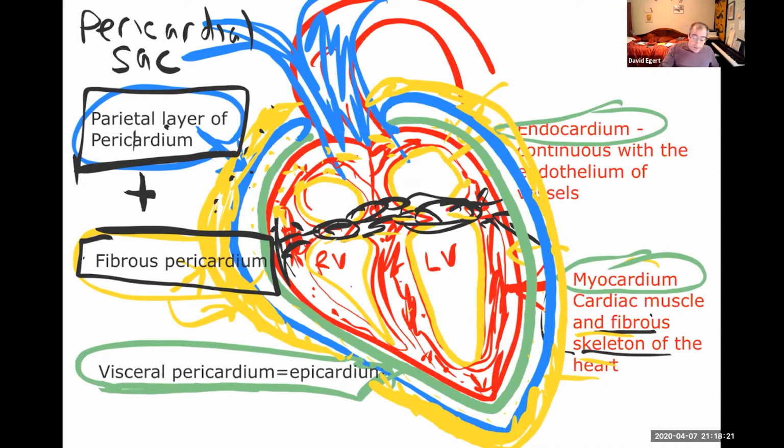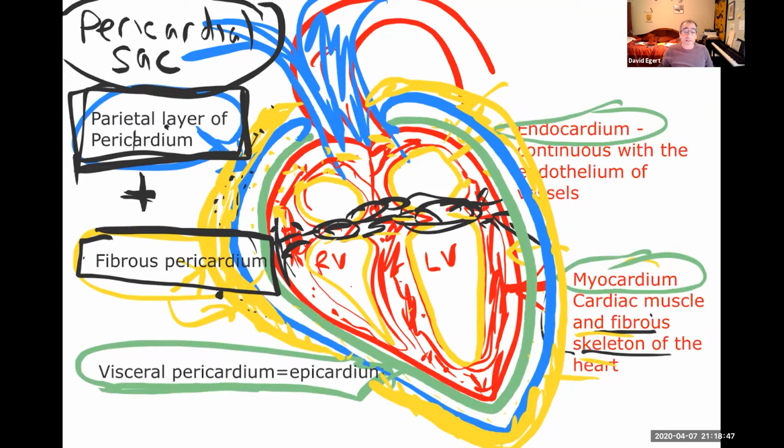So this pericardial sac is basically this fibrous, more leathery layer, and then the parietal layer, the slippery serous membrane. And so this is the basic way the heart is wrapped in its serous membrane and how it keeps from rubbing itself against all this stuff.